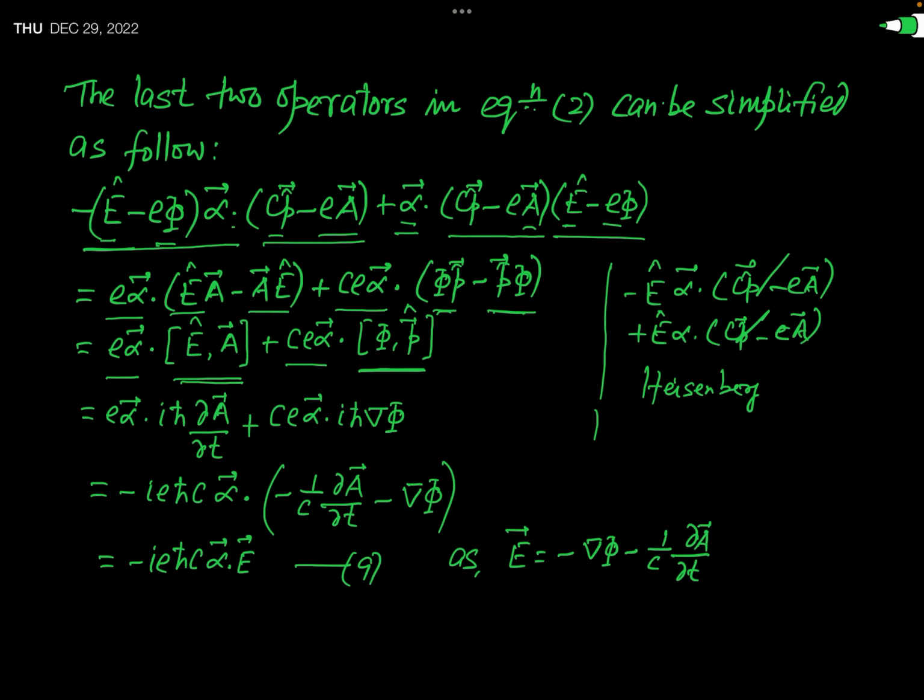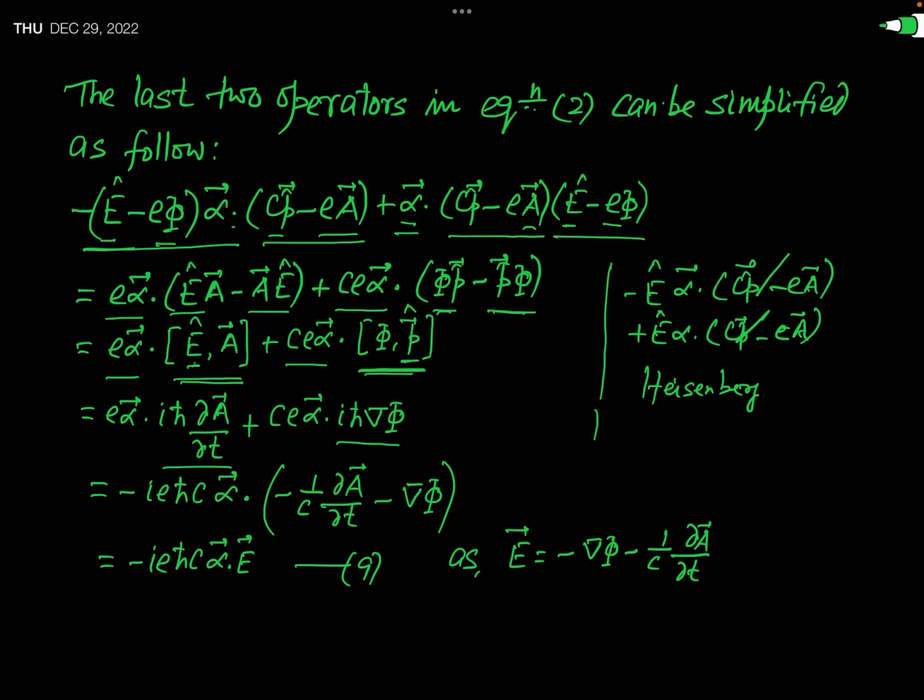If e and A are operators, then according to the Heisenberg picture, their commutator can be written as i h bar del A by del t. Similarly, the commutator of phi and p is written as i h bar del phi, where the derivative is with respect to p. And this e is just like the Hamiltonian, so this is defined as i h bar del A by del t. You know.